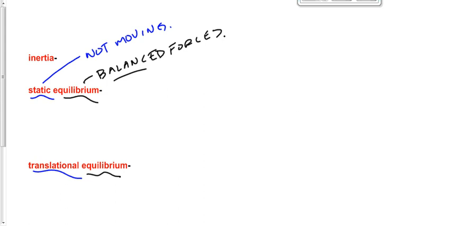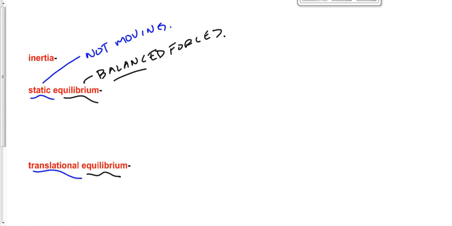It's in static equilibrium. It doesn't mean there's no forces acting on it. Right now, Nick's desk is in static equilibrium. There's forces acting on it. Hey, he's pushing down on that desk pretty hard, actually. Probably with a force upwards of 700 newtons pushing downwards on that desk. But that desk isn't moving.